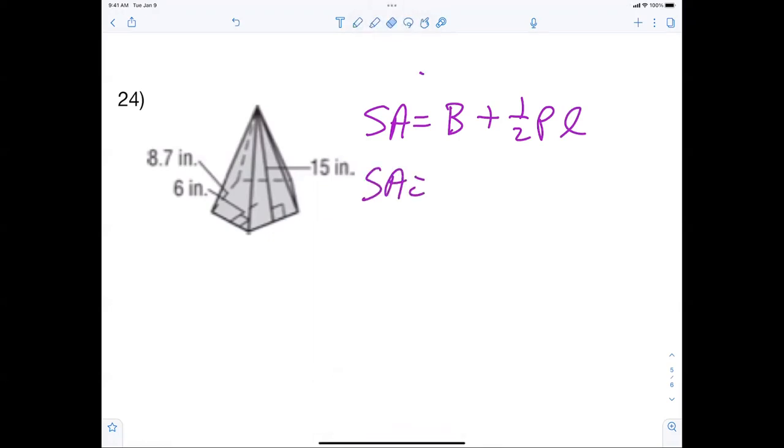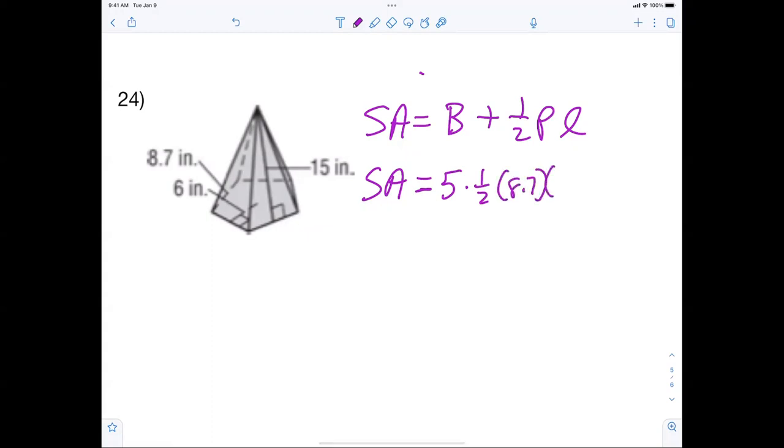Since they didn't want us to use our trig knowledge, they gave us everything. I will not be giving you everything on the test. So how do I calculate the area of the base? Well, thank you. So how many triangles would there be? 5 times what? 1/2. What's the base? 8.7.